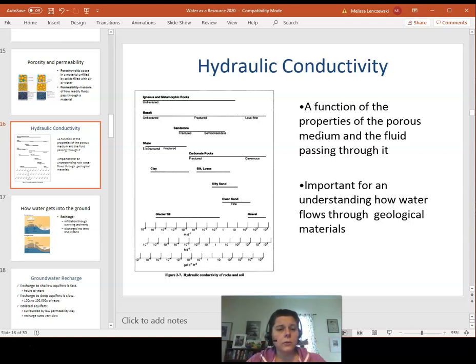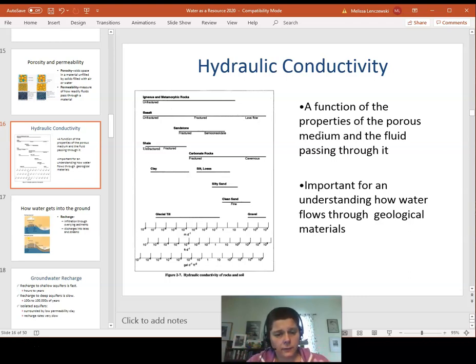For general terms, if I didn't test the porosity, it's about 35%. We just say between 30 and 35% is most porosities in most soils. So sand is usually closer to 30% and clays can be closer to 35%.